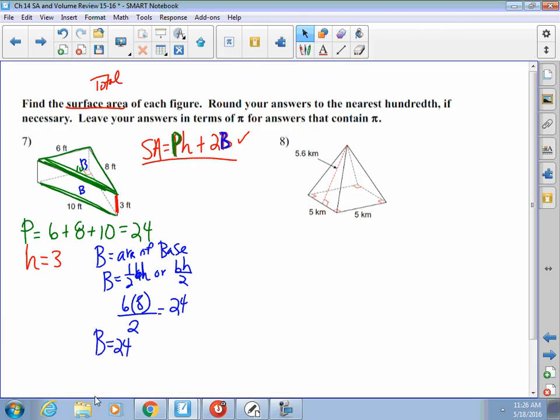And now all we're doing is plugging it into the formula. Our perimeter was 24. Height is 3 plus 2 times our area of our base, which was 24. And so we are going to just calculate each part, and then follow our order of operations. So when we do 24 times 3, this would give us 72.